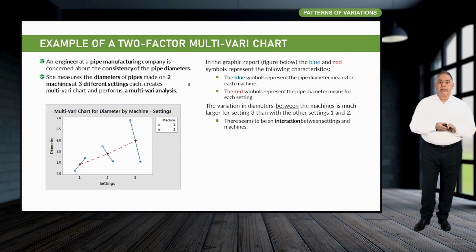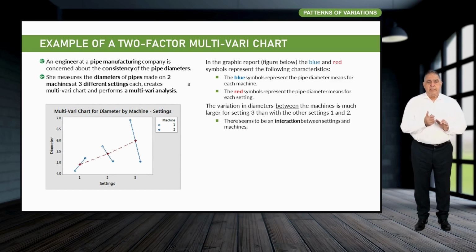And she creates a multi-vari chart and performs the corresponding multi-vari analysis. So, in the graphic report, the blue and red symbols represent the following characteristics. The blue symbols represent the pipe diameter means for each of the 2 machines. The red symbols represent the pipe diameter means for each setting.